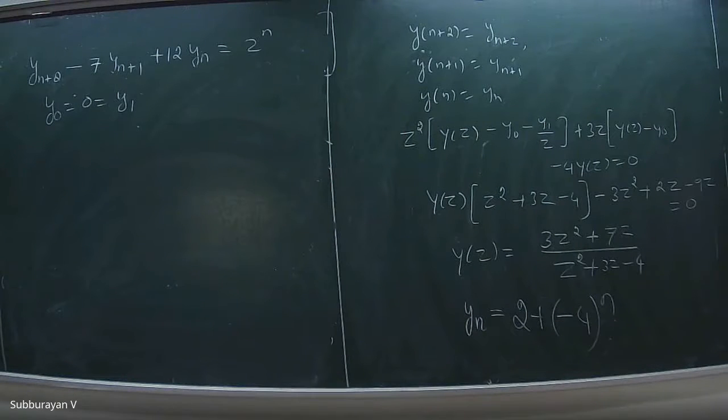There are 3 poles. Z equal to 2, Z equal to 3, and 4.